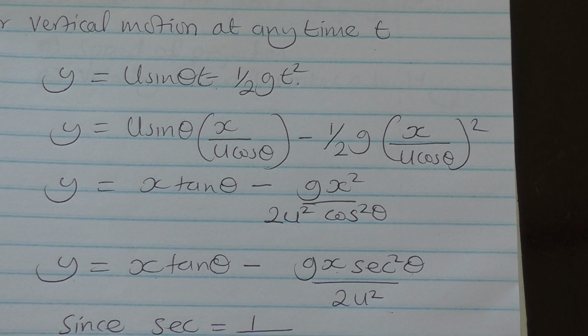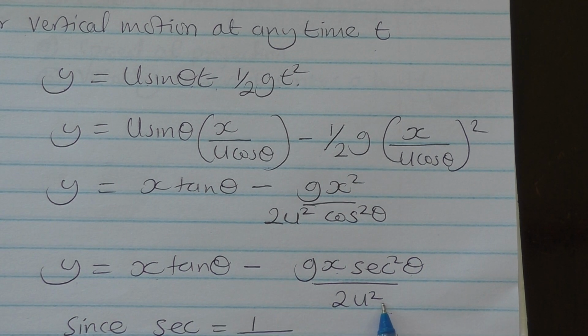And this is what we call the equation of the trajectory. Please, those are the expressions or the formulas we had to derive. And once we know this, we can never go wrong on any number from projectile.